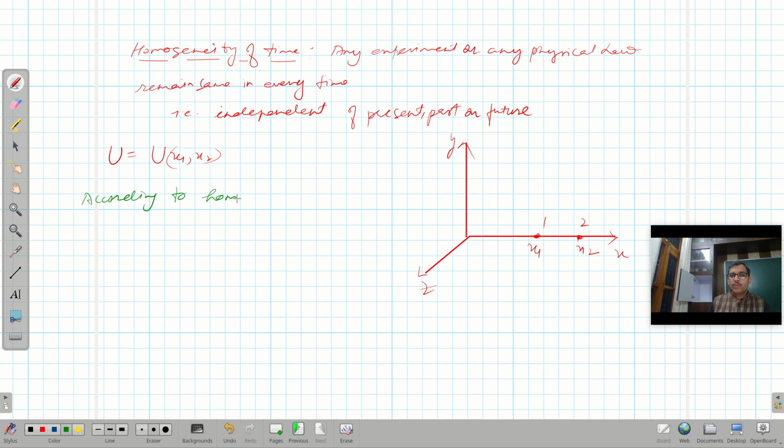according to homogeneity of time, U should not be an implicit or explicit function of time.